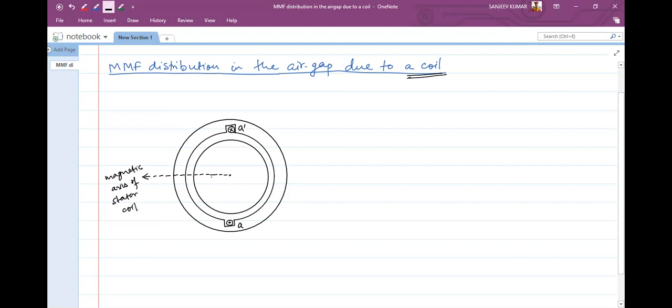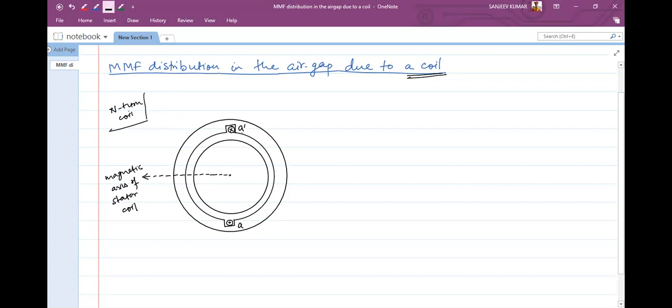Okay. Now, since this is the cross here, and suppose this is a full pitch coil, these are some of the assumptions which we are taking.